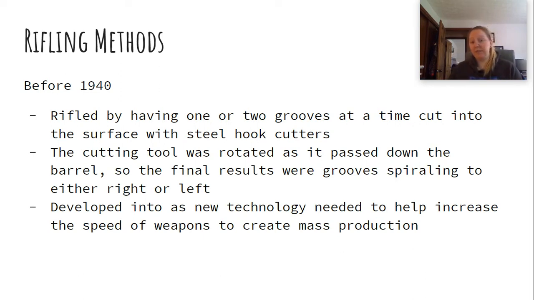This method was developed into new technology needed to help increase the speed of weapons and create mass production. This is originally how rifles would have been manufactured, to increase the speed of a bullet coming out of a gun.